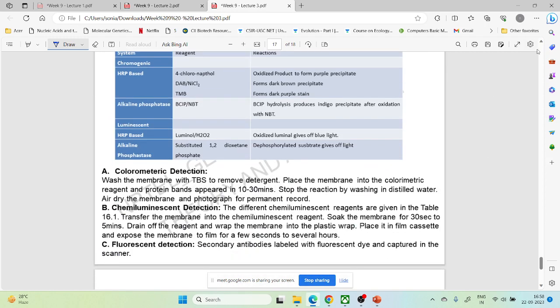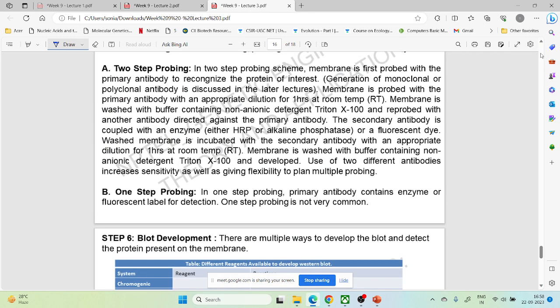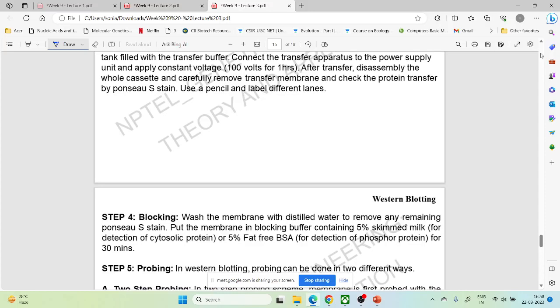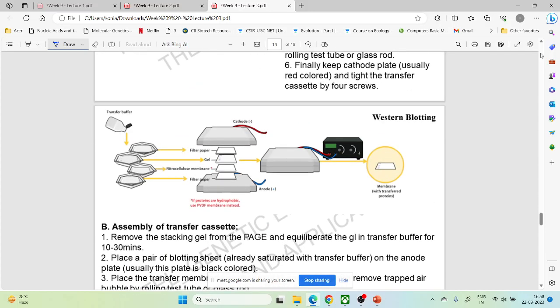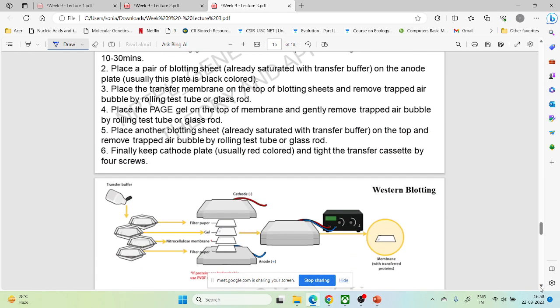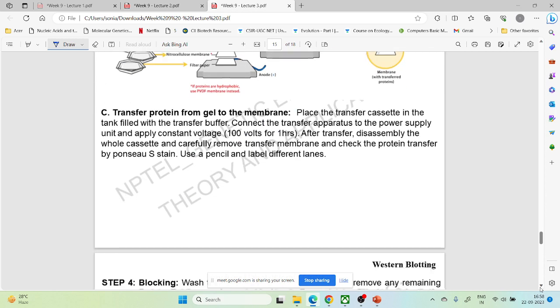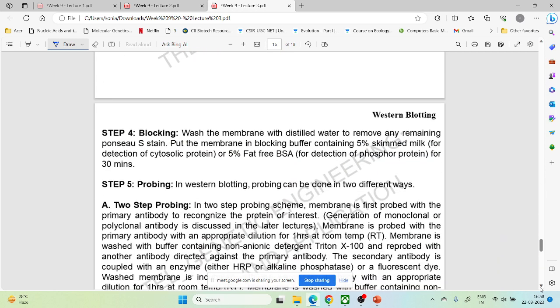Okay, so I think we have completed. If you have any problem, we can discuss Western blotting in the next class, because Western blotting is another very important technique.